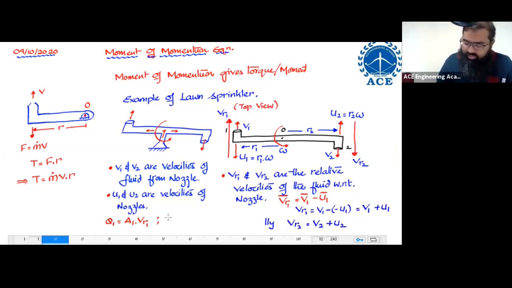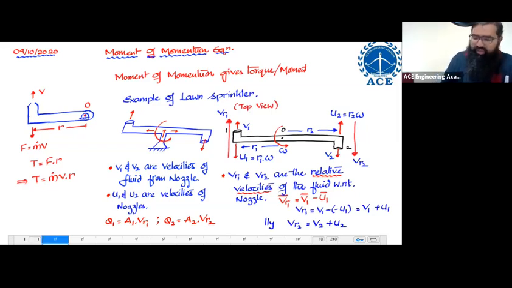Similarly, the value of Q2 will be equal to how much? If the cross-section area over here is A2, it has to multiply to which velocity? VR2. I'm going to write that note in the next page actually. I don't have space over here. Listen to the note. The discharge is supposed to be corresponding to which velocity? It is supposed to be corresponding to the relative velocity of the fluid emerging out from the nozzle.